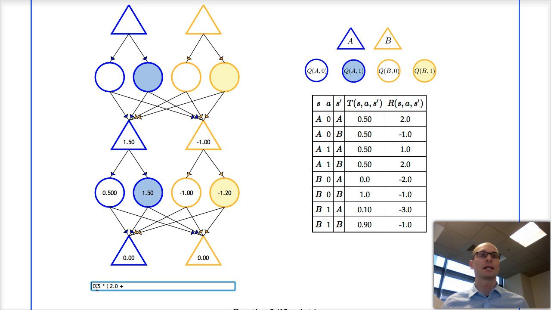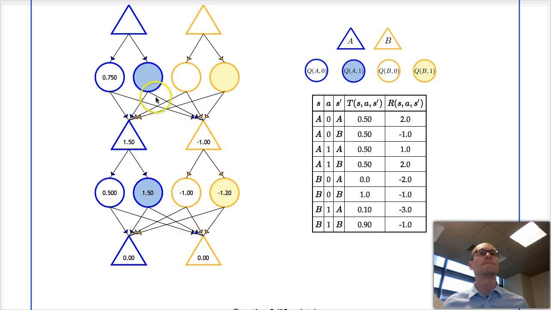Plus, if we go to A, we will get future rewards on expectation of 1.5, so plus 1.5. And then there's a 50% chance of going to B, in which case we get an instantaneous reward of minus 1.0 and a future expected reward of also minus 1.0.